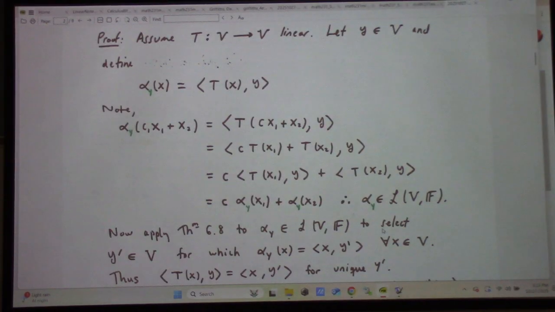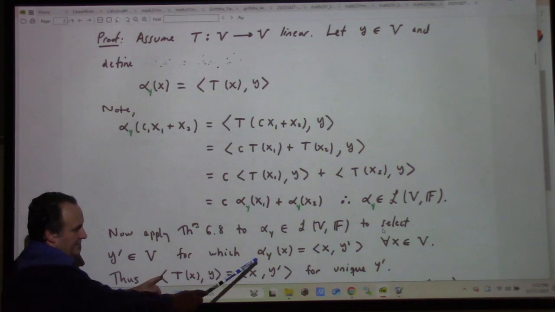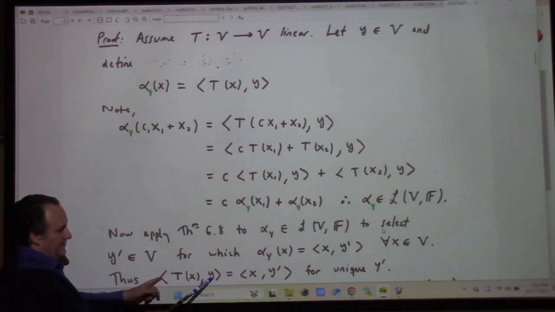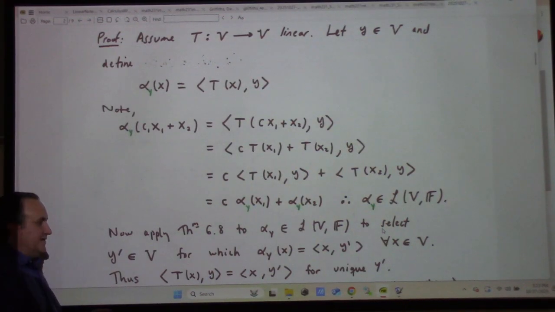But with that construction, we then have that this is equal to the inner product of T of x with y, right? But that's also equal to the inner product of x with y prime for some unique y prime.